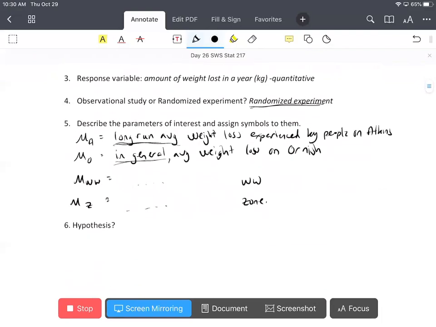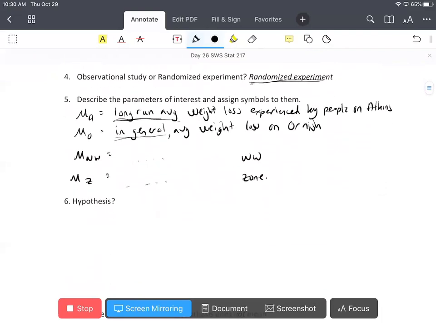Now, the hypothesis. This is where it feels different. Let's start with the null. The null is kind of nice. It doesn't really change. Sorry, that should be a comma, excuse me, and then a colon. What are we thinking for our null? Nothing special is happening with any of these diet plans. So will the weight loss differ? What do you think?